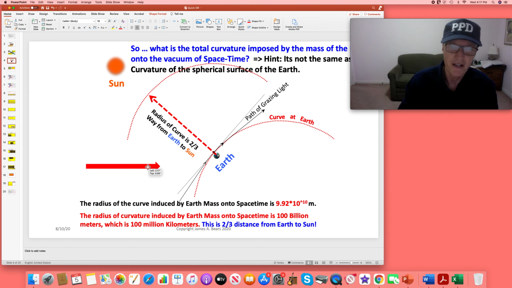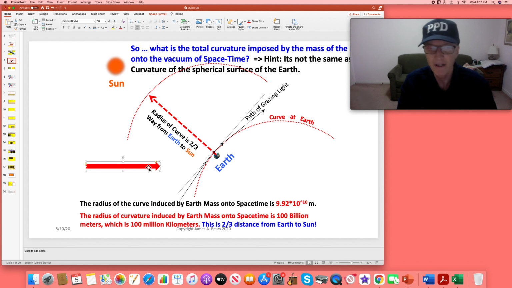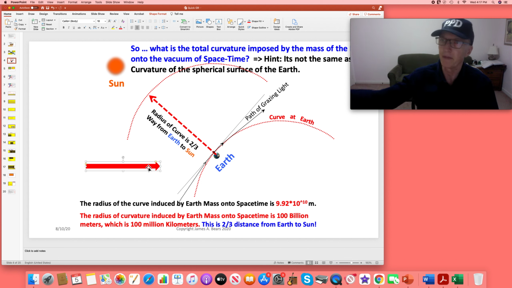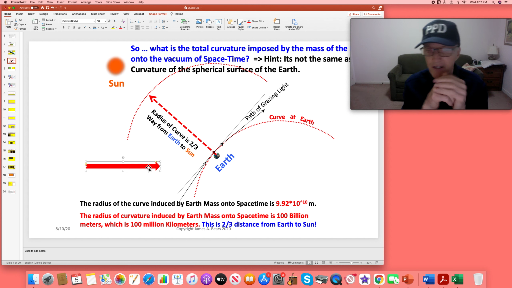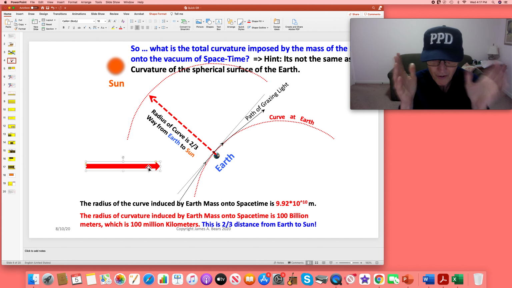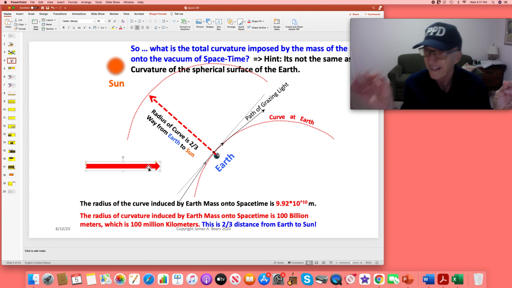So you imagine you have a string, and if you have a short string, it curves around and around. But if you have a string, let's say 100 miles long, and you move it, it seems to be going straight. Well, imagine if you have a string that works out to be basically 100 billion meters long, which is 100 million kilometers. So a 100 million kilometer long string.